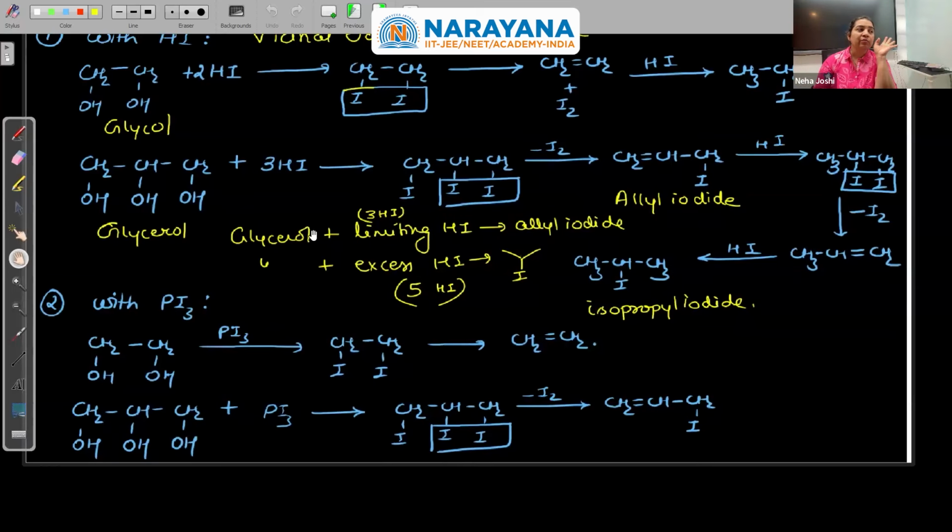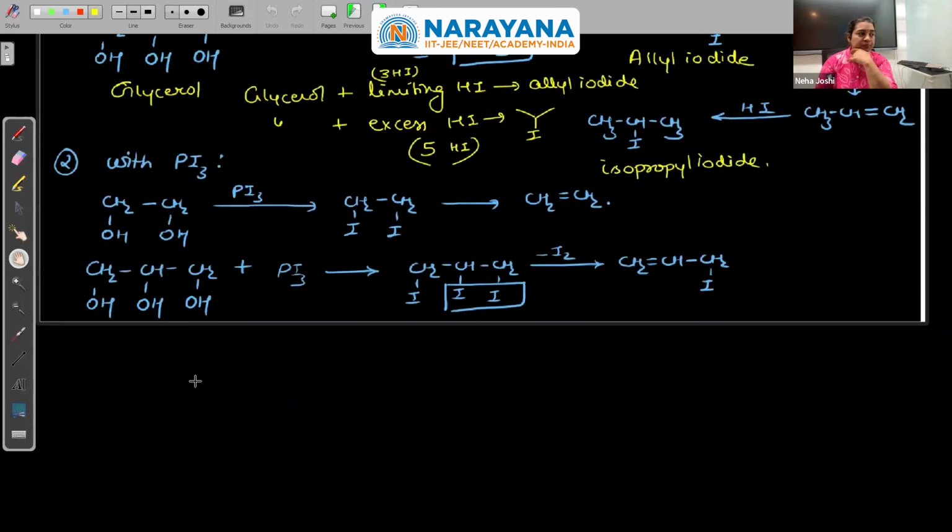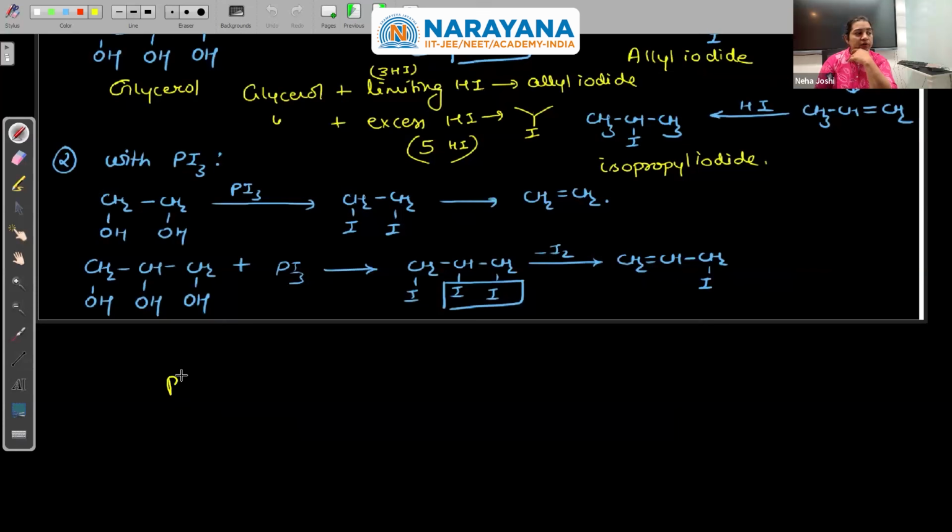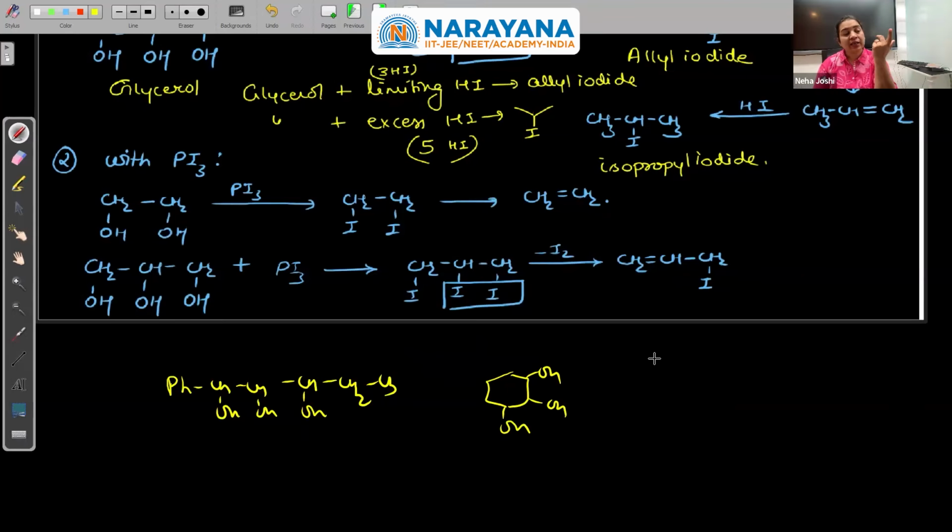Now, don't limit yourself only to glycerol and glycol. It could be any compound. I want to say something like Ph-CH(OH)-CH(OH)-CH(OH)-CH2-CH3, anything like this is given, or anything from a cycle is given. You got my point?